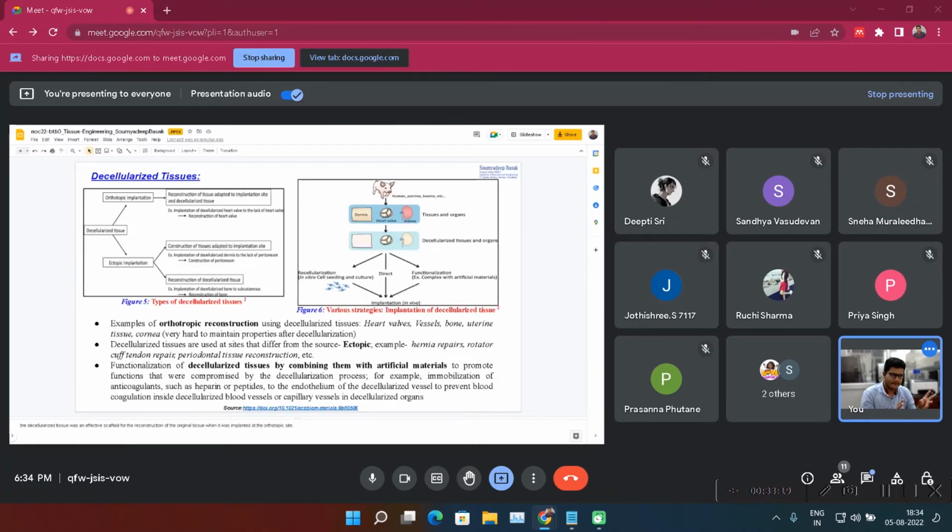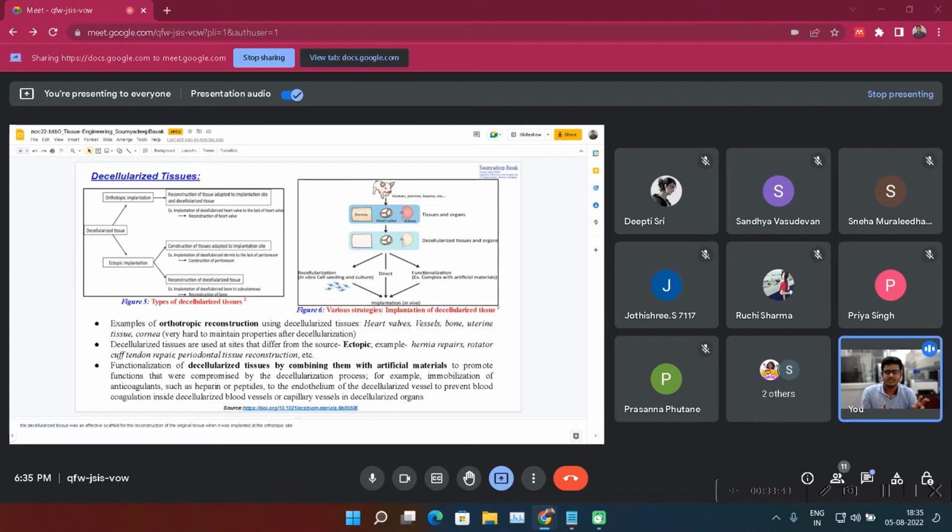So we have talked about decellularization and the ECM. ECM decellularization techniques can be with the help of chemicals, physical mechanisms, or enzymatic mechanisms. So there are various kinds of mechanisms associated with decellularization.